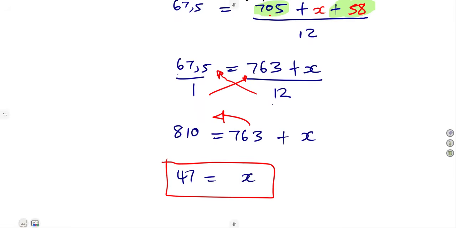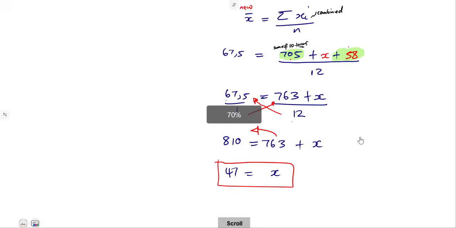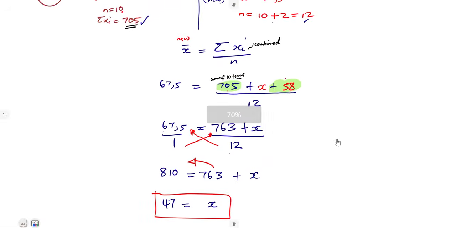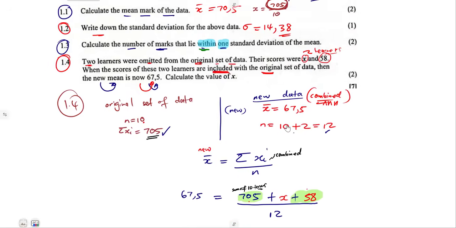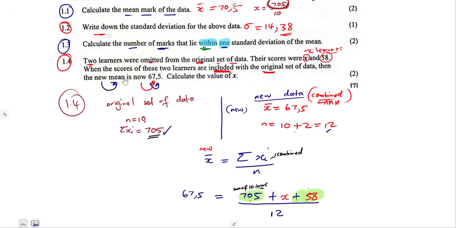So questions can be of this nature. You must formulate an equation from what you are given and solve for x. So in our case, there are 2 learners who were not included, and the mean was being calculated and we obtained a certain mean.